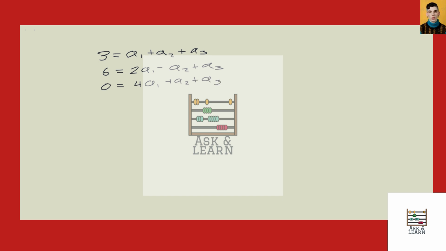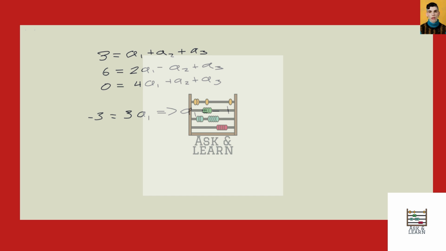Now let's subtract the first one and the third one. So we have 0 minus 3 gives you minus 3 is equal to 4 minus 1 gives you 3, so that's 3c sub 1. c sub 2 minus c sub 2 gives you 0, and c sub 3 minus c sub 3 gives you 0. So this implies that c sub 1 is equal to minus 1.